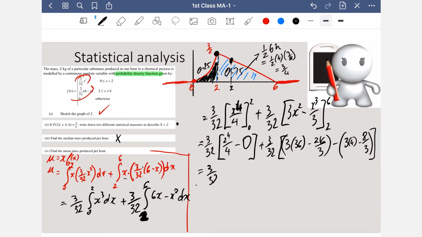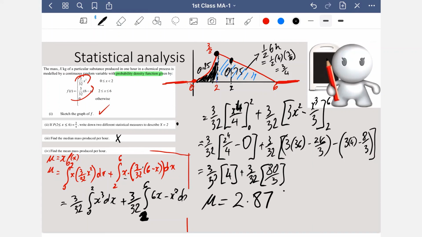Okay, 3 on 32 outside of 16 divided by 4 is 4. Okay, plus 3 on 32, and then over here what we're going to get when you put all of that into your calculator, it's going to be 80 on 3. Okay, evaluate both of these, you're going to get mu is equal to 2.875.